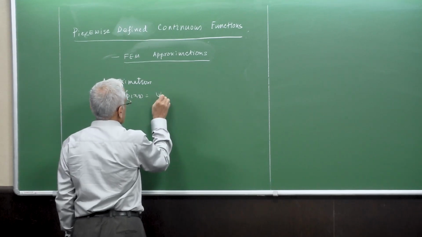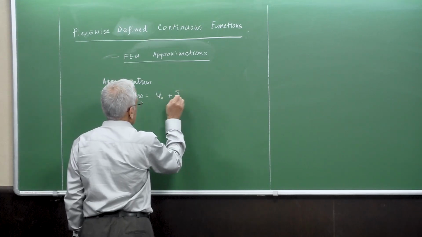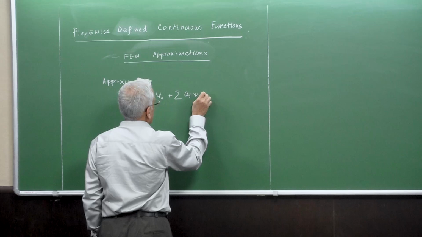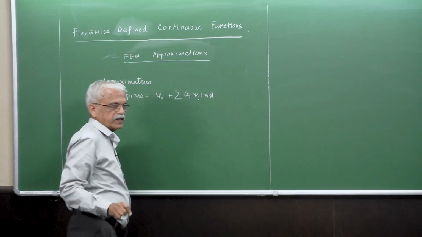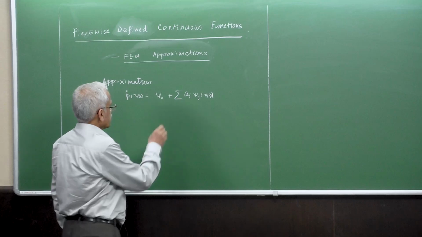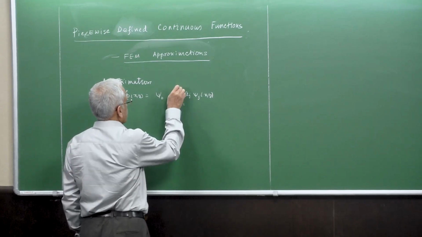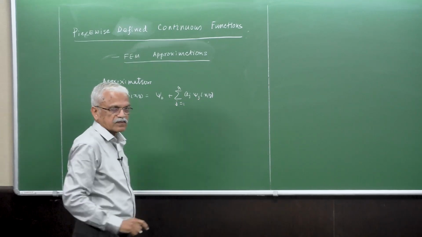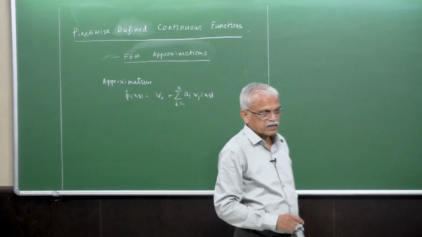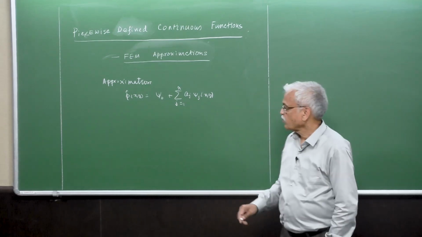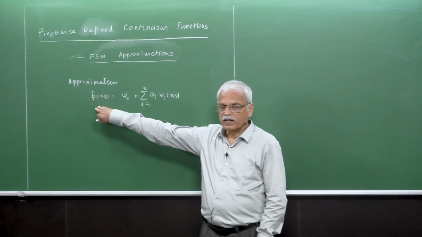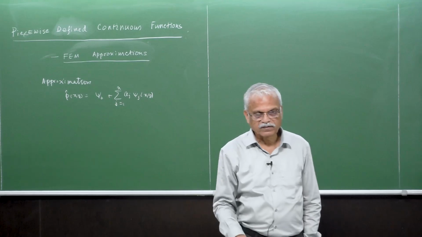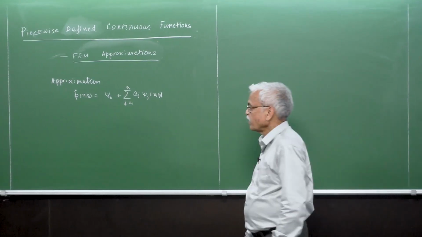We wrote it as psi naught plus a linear summation of several functions, psi naught as well as many functions psi j, and the summation of these will form the main approximation phi hat. Depending upon the coefficients, we have several methods, and we find phi hat.